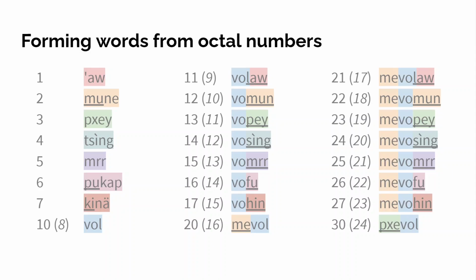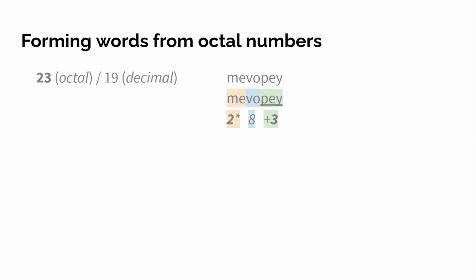And then for 24, or in octal 30, p'evol, 3 times 8. So you see, it's actually a very regular process. Here you can see again how the number words are built, together with a simple number with only 2 digits. I took the 23 here as an example. So mevopei is me, 2 times, vo, 8, plus pei, 3. So 2 times 8 plus 3, which is exactly our octal number here.